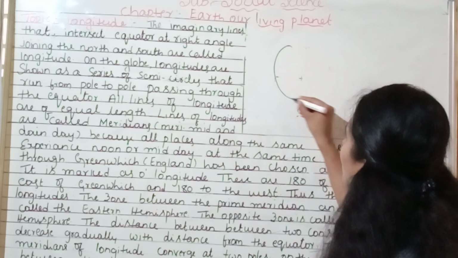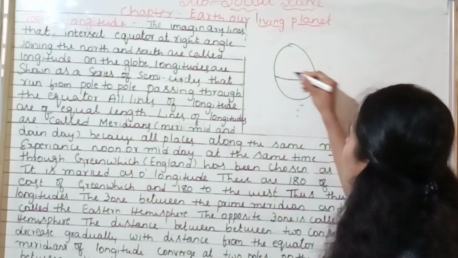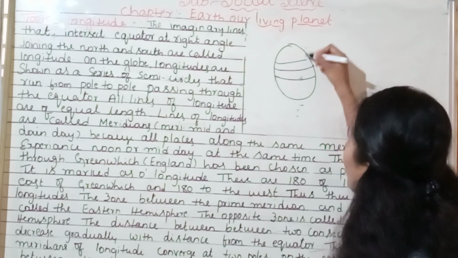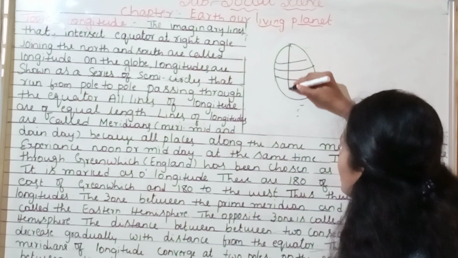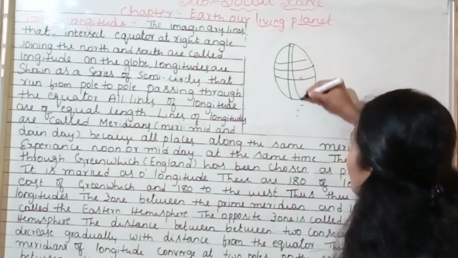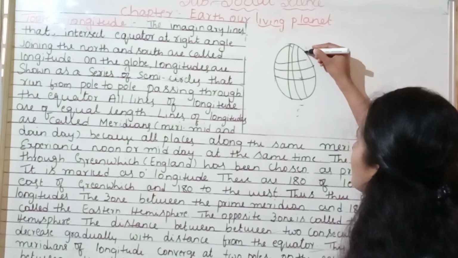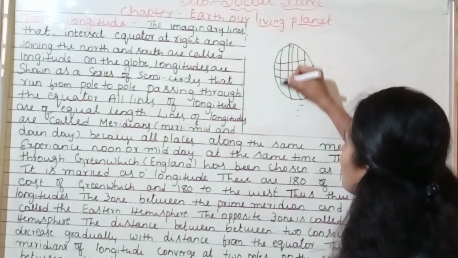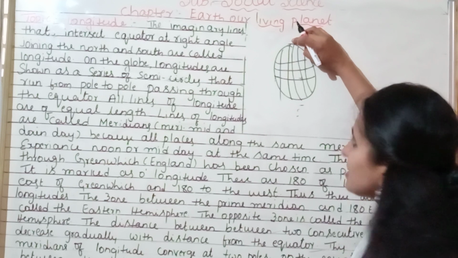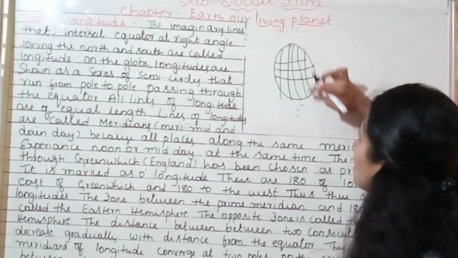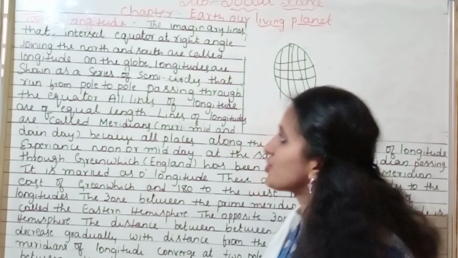What is longitude? The imaginary lines which intersect the equator from the north and the south are called longitudes. The imaginary lines which run from north to south, these are called longitudes.